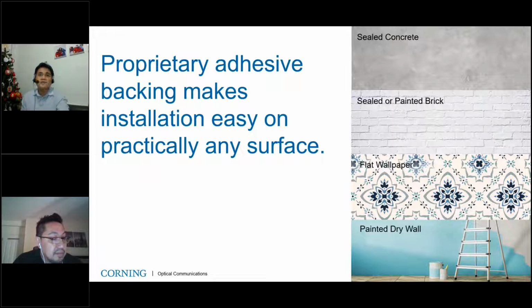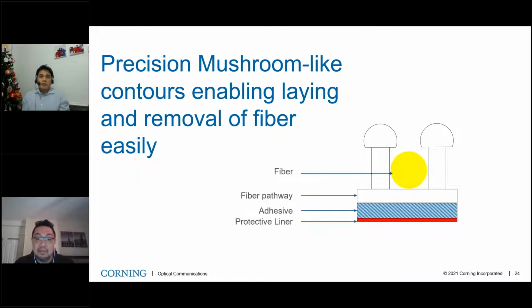The pre-attached adhesive backing of the fiber pathway has been engineered for compatibility with a broad range of indoor wall surfaces, such as sealed concrete, sealed or painted brick, flat wallpaper, as well as painted drywall. ClearTrack Fiber Pathway has two rows of flexible, mushroom-like features with precise lengthwise separation that form a track.